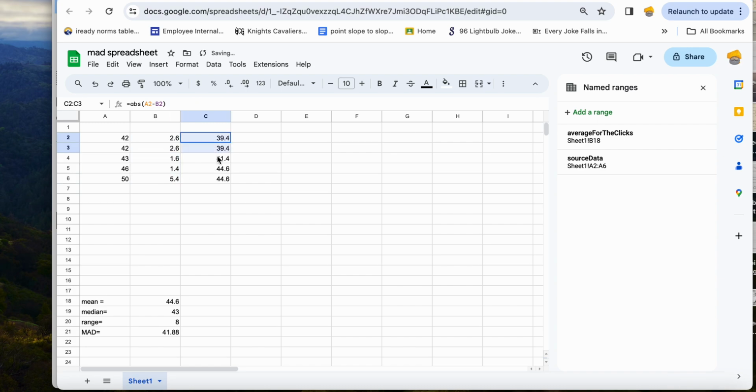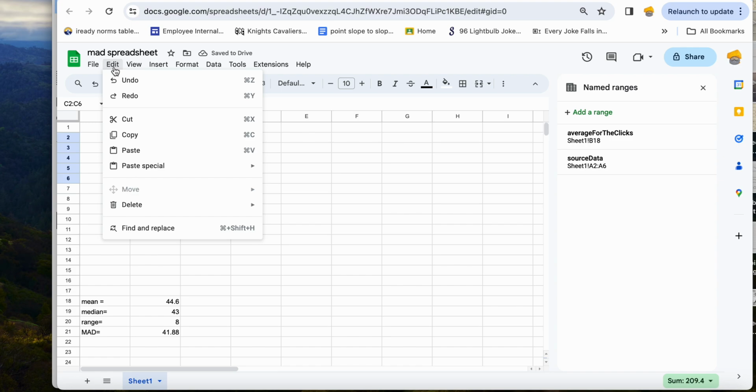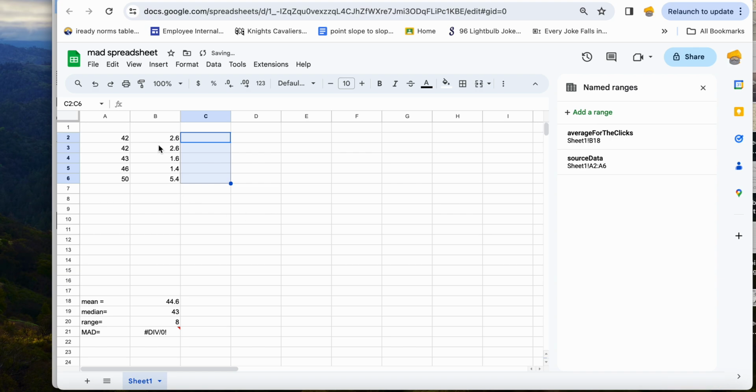So we don't need this side of the table anymore at all, because our subtraction we can do right there. We don't need that extra thing. Take a look at this: we take the absolute value of how many times you clicked minus the average.